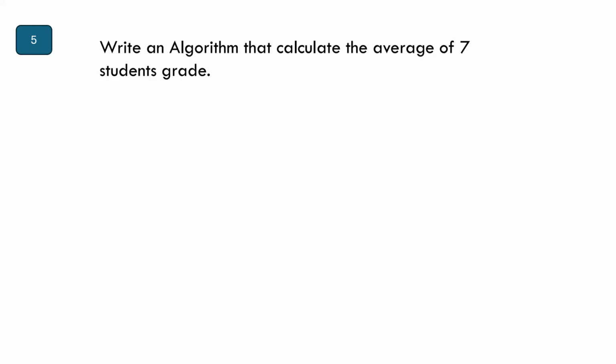And we have 7 students in this scenario. I'm using this counter c, it can be any name, and you may also see different solutions in your slides. My counter starts with 1, and I will read some grades, and I have no initial value.